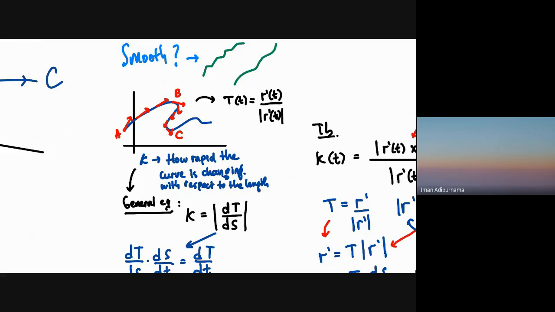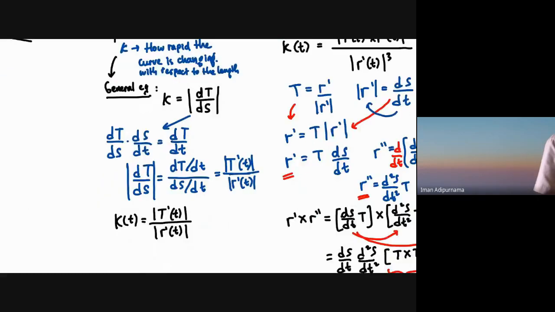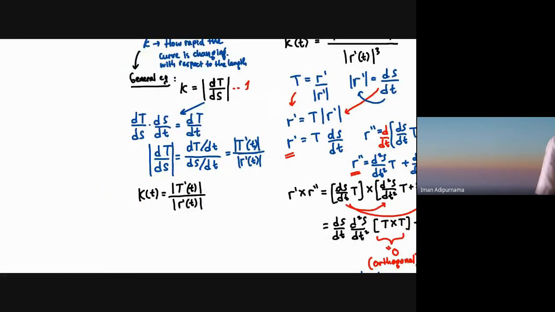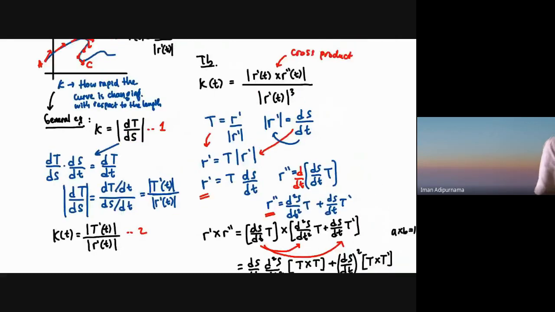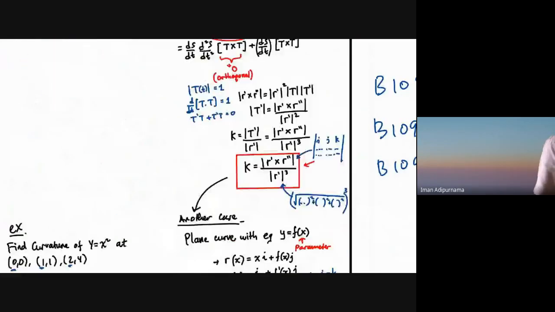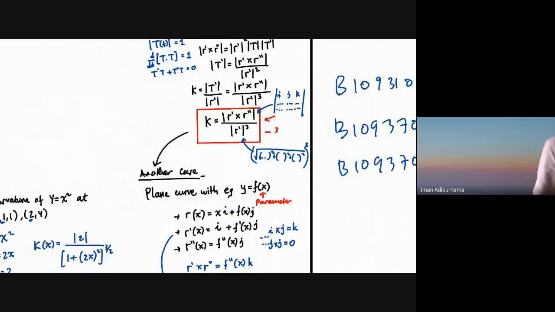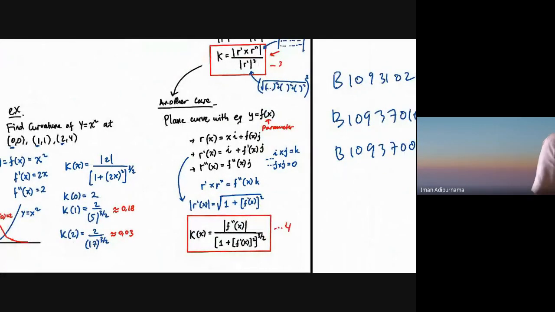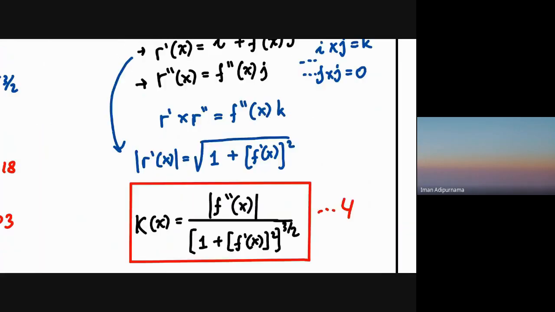So the first equation is the rate of change of the tangent vector with respect to the arc length. And we have at least 4 relations related to the curvature.